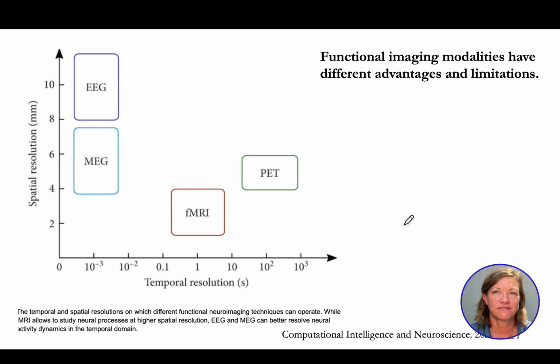So all of these functional imaging modalities have different advantages and limitations to them. And we often talk about them as being different in terms of their temporal resolution and their spatial resolution. Let's take fMRI as our starting point, because that's the one I'm most familiar with. fMRI has the best spatial resolution of any of these modalities in terms of how small a structure you can localize a signal to.